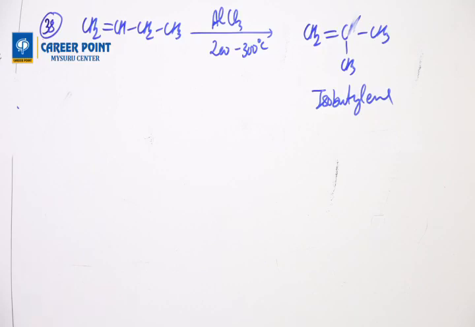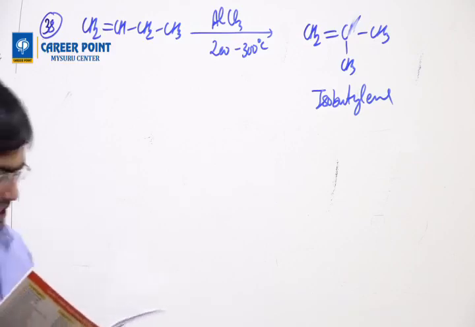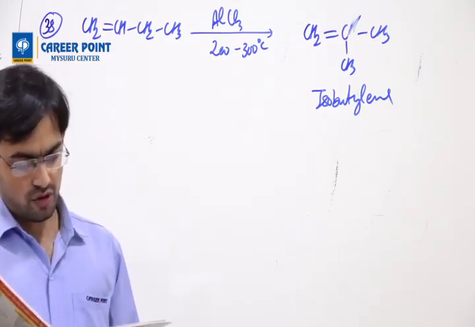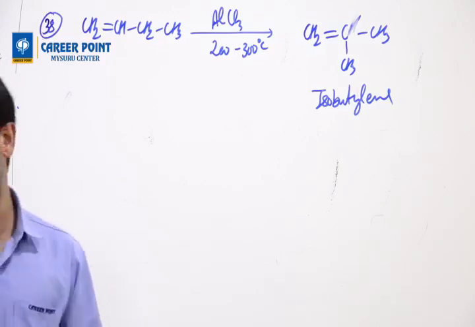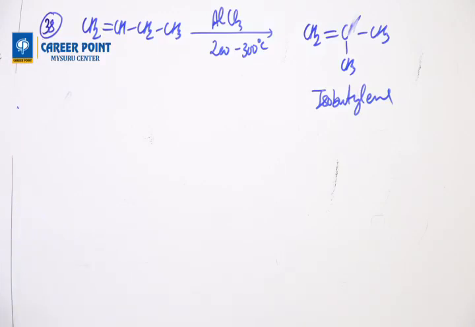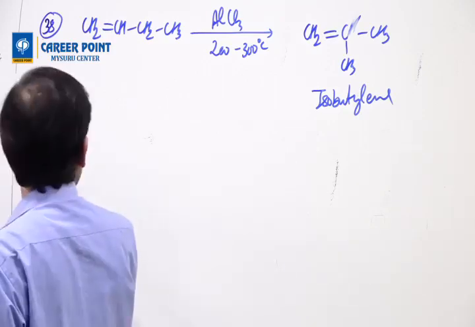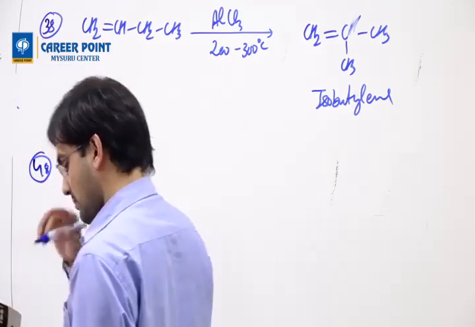Question number 48. Which alkene gives the same product with both Markovnikov's rule and anti-Markovnikov's rule? Did you try? Did you draw all the options?